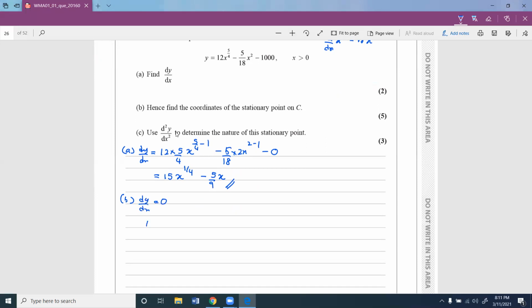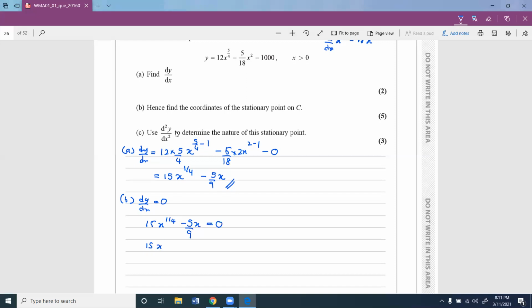That is 15 x to the power 1 over 4 minus 5 over 9 x is equal to 0. Therefore, you can do it this way.